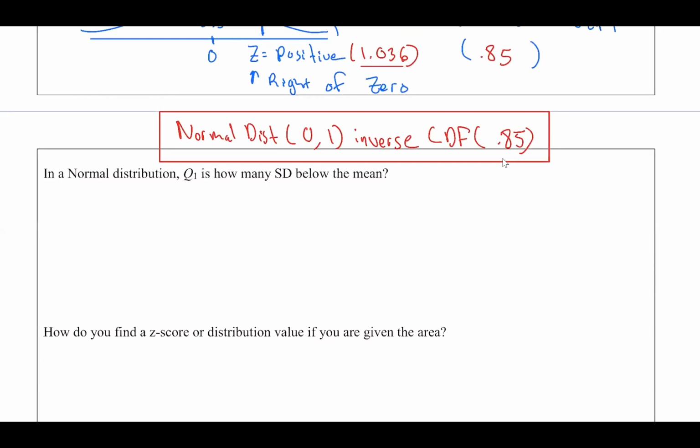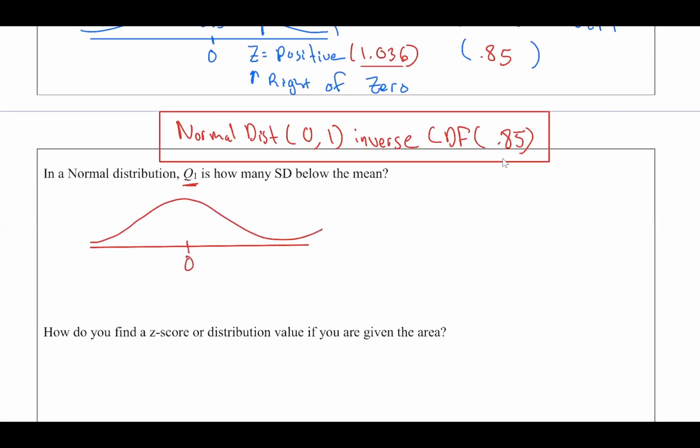No, well, this is a new problem. Think about it. If it's a quartile, it's essentially a quarter. If it's a quarter, what percentage would that be? 25. There you go. So this quartile is the bottom 25%.